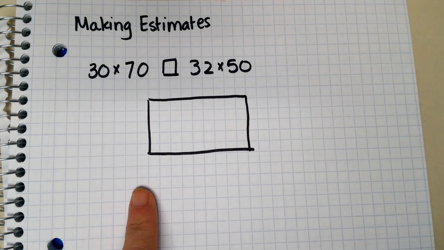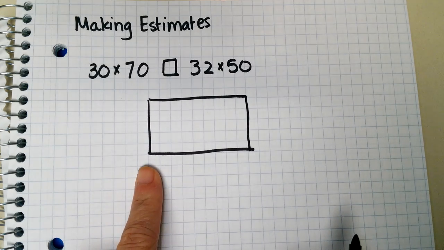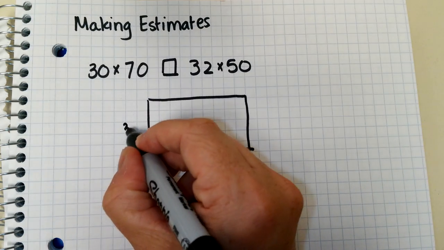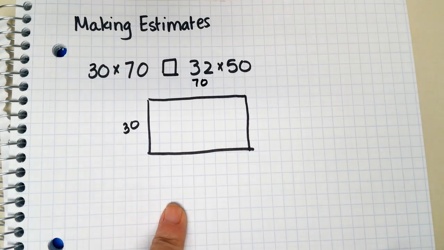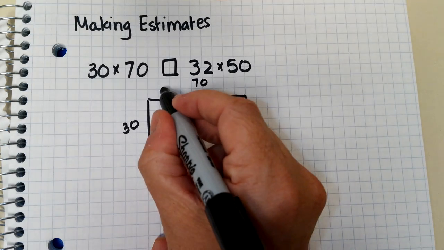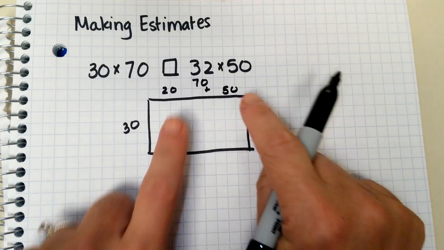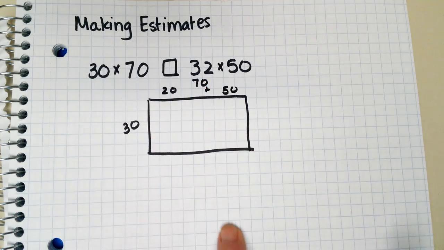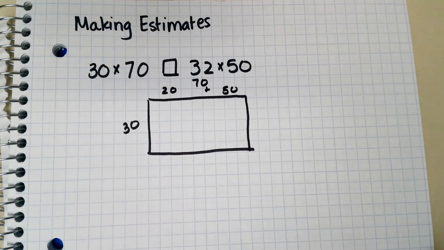Okay, so if this person drew out an array, and so we know that we're going to be multiplying 30 by 70, right? 30 multiplied by 70. 70 is kind of a big number, so I'm going to go ahead and break up 20 plus 50. Remember, 20 plus 50 equals 70, so I'm not changing the number. I'm just breaking it into 2 pieces.